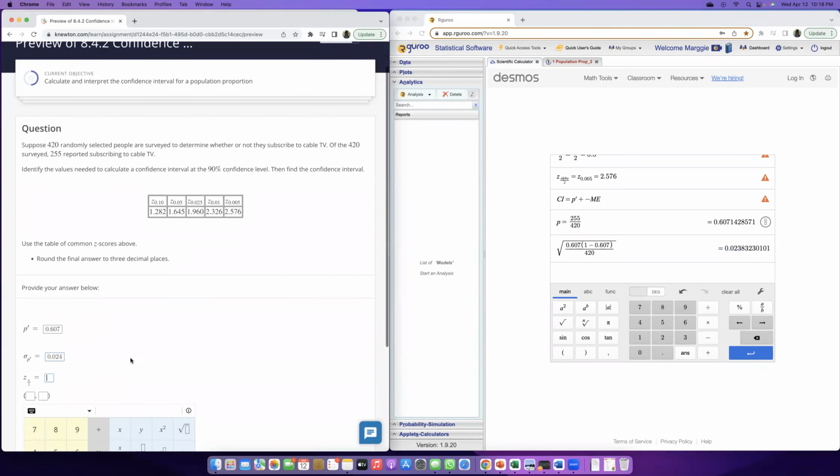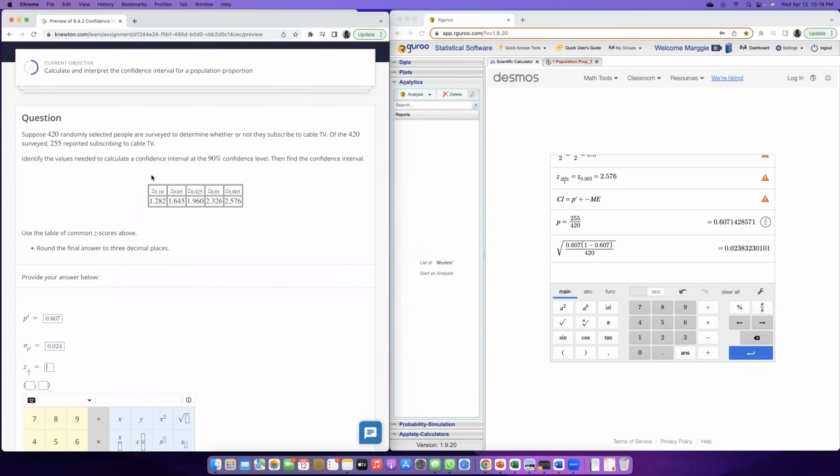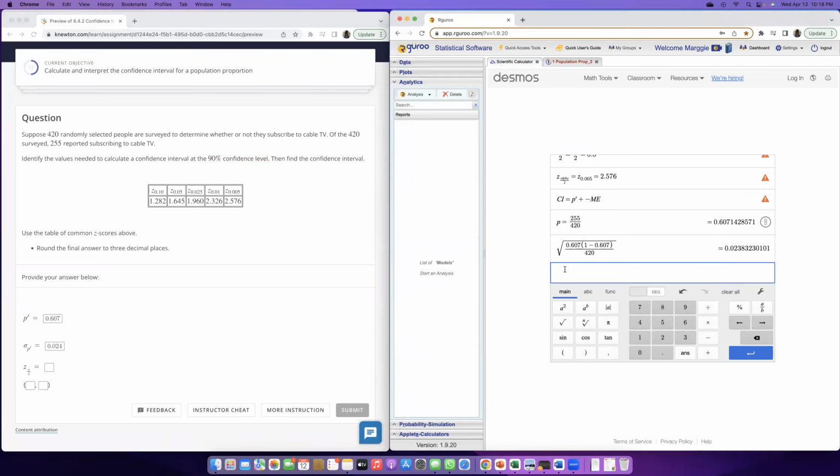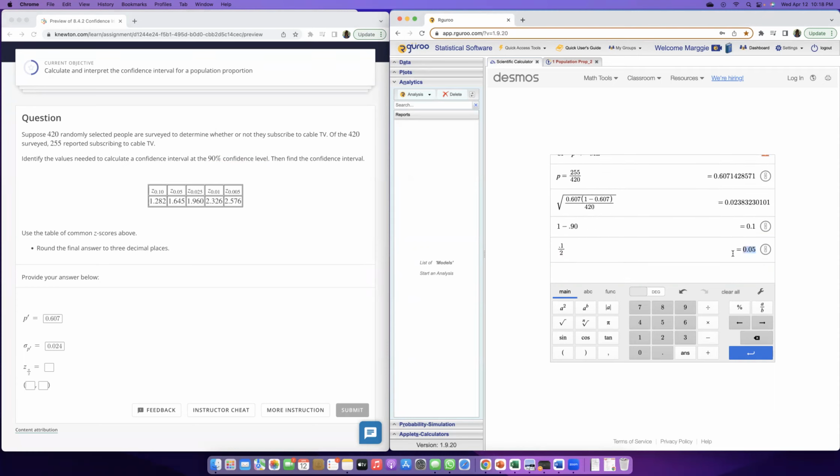All right, so the Z, let's see if we can do the Z easier here. We have a 90% confidence interval. So we do 1 minus 0.90, and you get 0.1. Then you do 0.1 divided by 2, and you get the 0.05 that we are looking for, which is 5%.